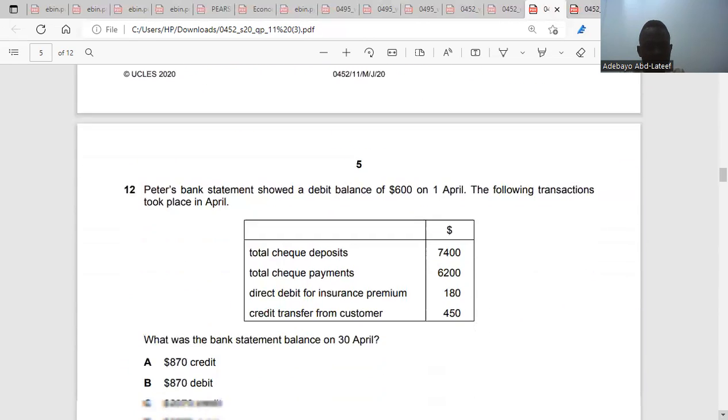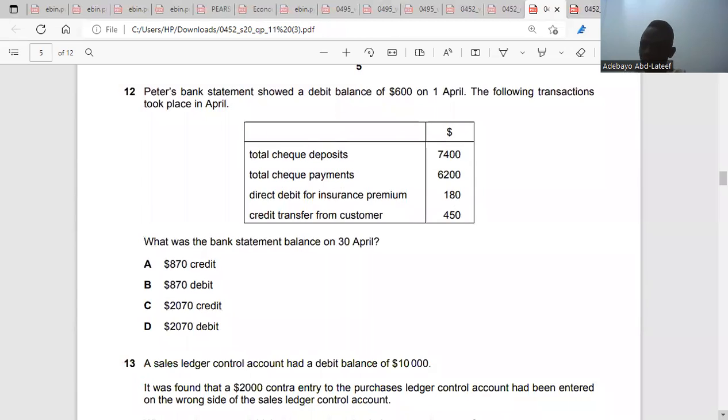Question 12. Peter's bank statement showed a debit balance of 600 on April 1. The following transactions took place in April. Total check deposit 7,400, so that's 7,400 minus the debit balance of 600. Then there's check payment minus 6,200.